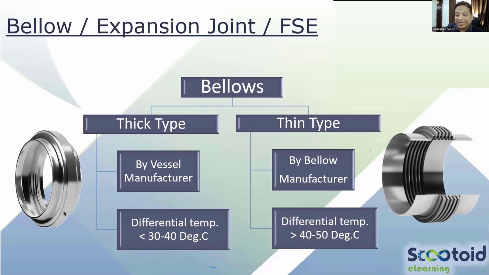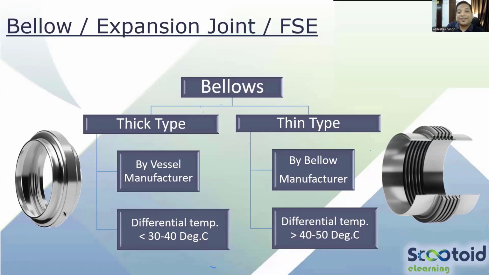Okay. And now the question comes, when you are designing, which one to select? So now forget about the temperature. Based on your experience, tell me what your logic would be. Say you started modeling the heat exchanger in PV Elite or Compress, and you started getting very high stresses in the tubes or in the shell. So you thought of providing a bellow. What will be your first step? Will you prefer a thick bellow or a thin bellow?